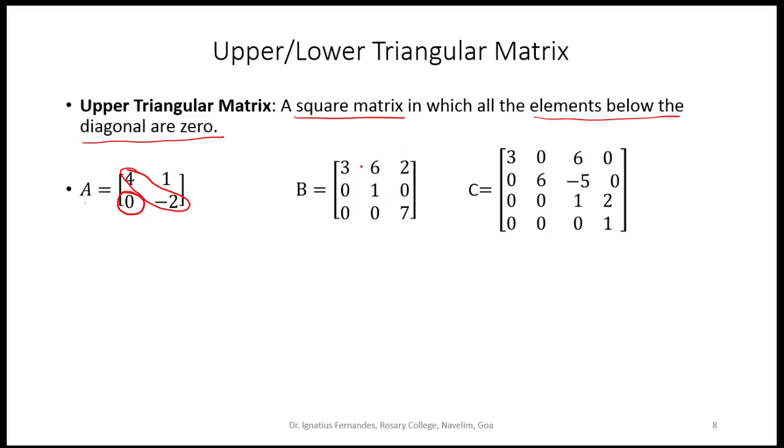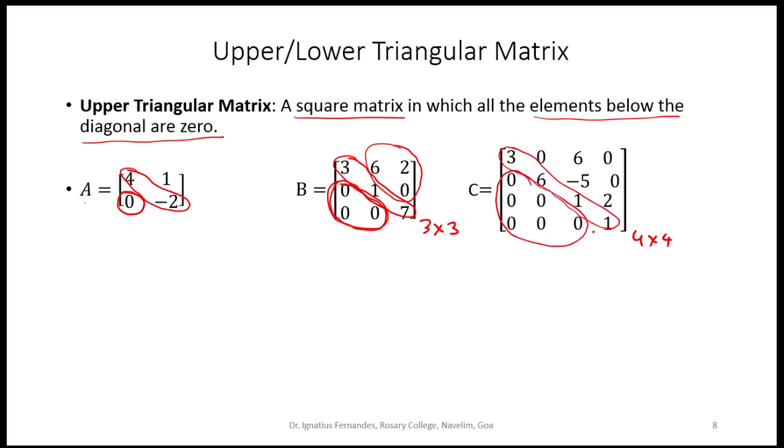The same way, look at matrix B, it's a 3 by 3 square matrix, the diagonal is this and the elements below the diagonal are all 0. So we say this is an upper triangular matrix. When it's an upper triangular matrix, you have at least one non-zero element in the upper triangle, and all the elements below the diagonal are 0. Now this is a 4 by 4 upper triangular matrix. The diagonal is here and all the values below the diagonal are 0.